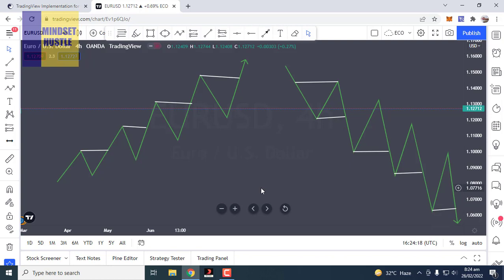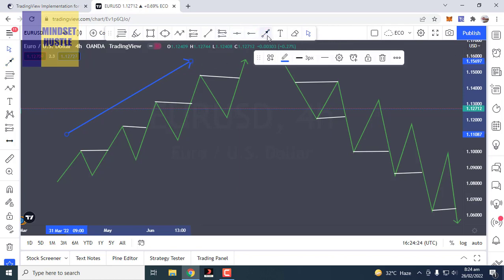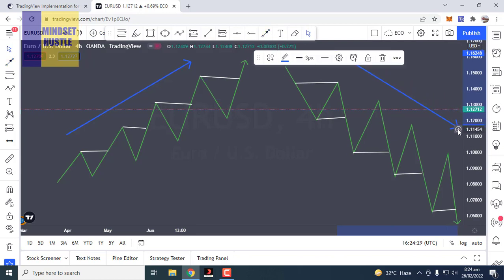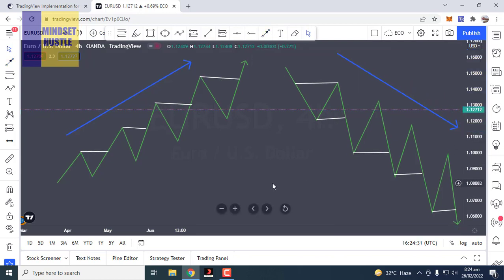All right, so here we are in an uptrend, and over here we are in a downtrend because we are moving downwards. As I said, in a downtrend we break the lows, and the highs are intact. Why do I say they are intact? Because we are not breaking them.